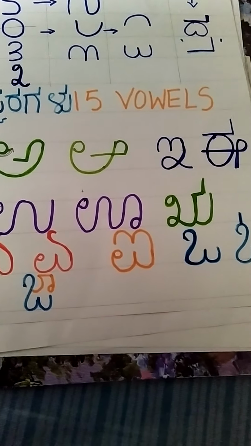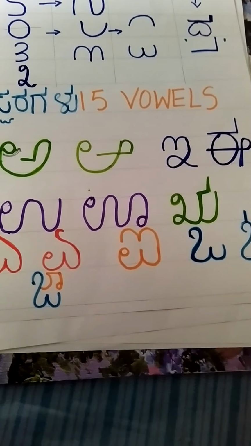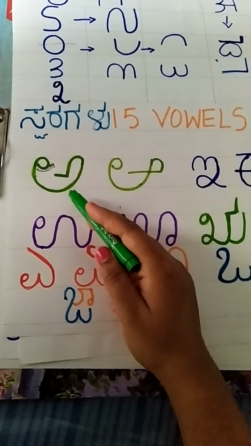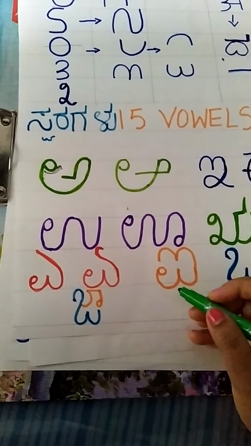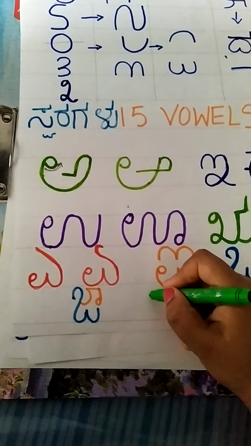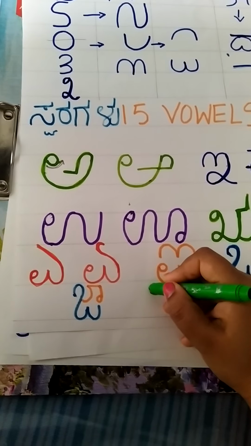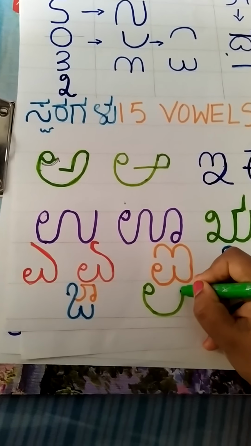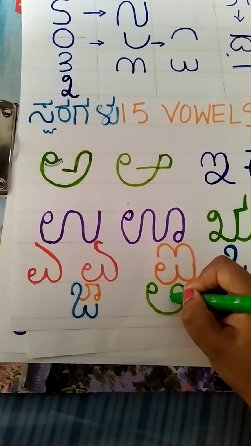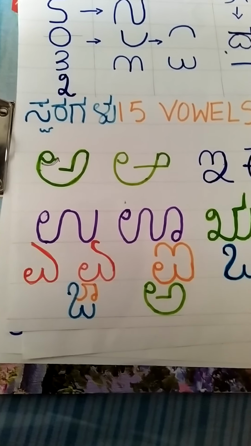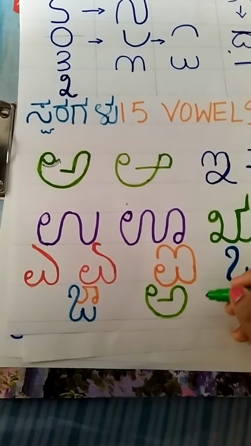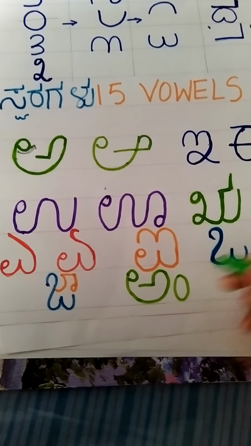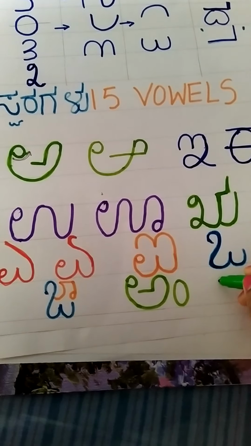So, the last is Am. Am is easy. You write a circle. I am writing it again, you can see. Turn in a circle, down, come inside and a sleeping end. So there is a 0.